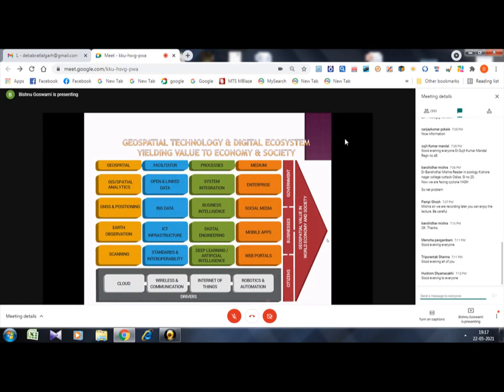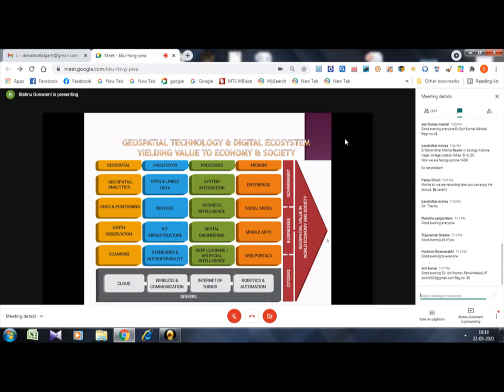We have this digital engineering and deep learning and artificial intelligence, and this can be used by the masses through enterprises, through social media, through mobile apps, and through web portals. And the users include citizens, businesses, and the government. And then we can find the geospatial value in world economy and society.